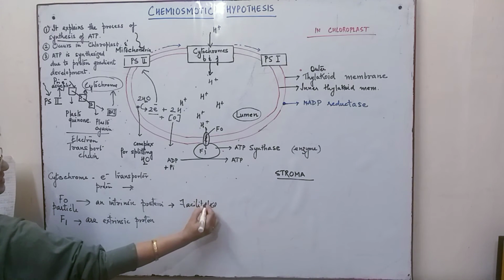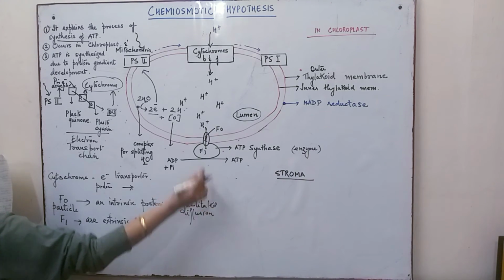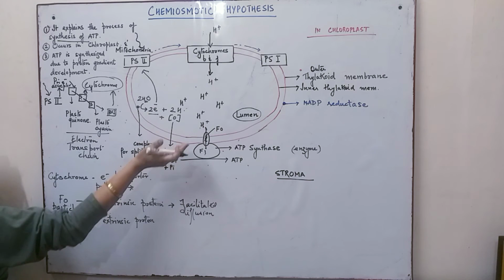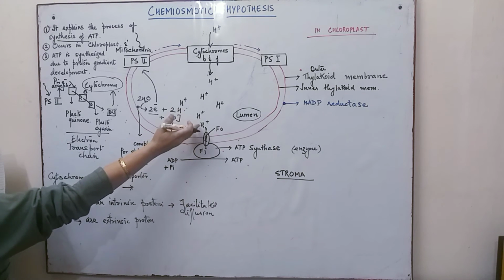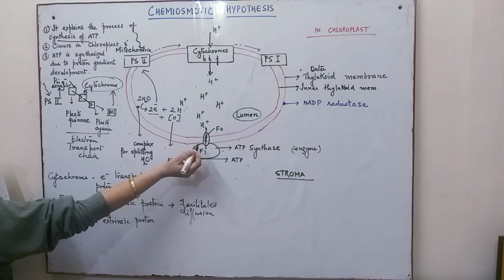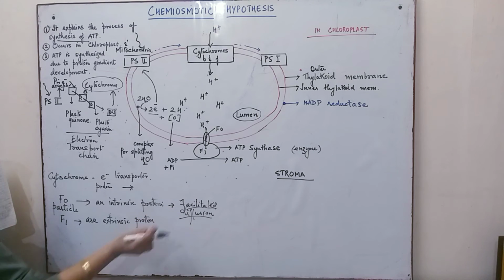Why are we calling it facilitated diffusion? Because the protons are not simply passing through the membrane the way oxygen is. The protons are not able to pass through the thylakoid membrane on their own. They require certain assistance, and that is facilitated by the F0 particle. Therefore, we call it facilitated diffusion.